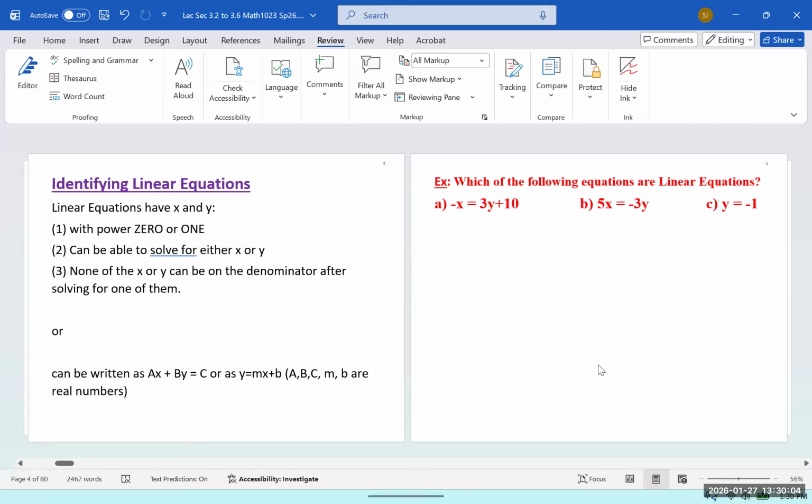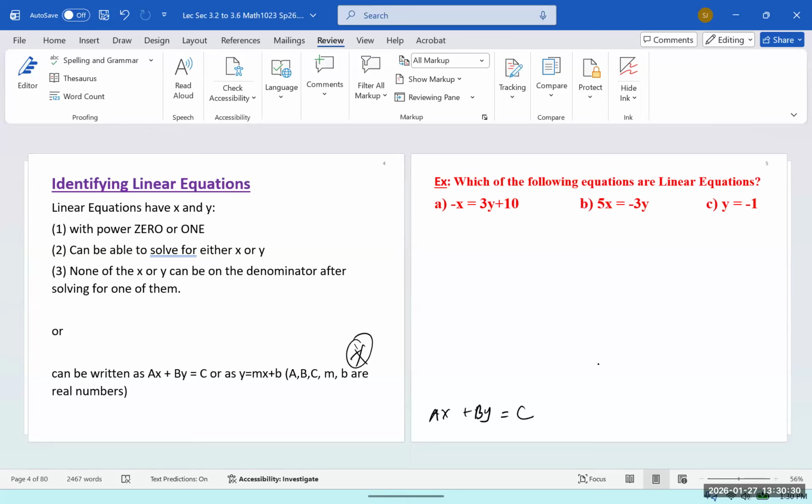So the first one: negative x equals 3y plus 10. Now I'm going to show you this method. If we can write this in standard form, that means it's linear. And standard form says we have the x and y terms together and our constant term alone.